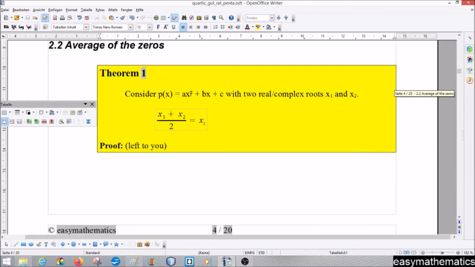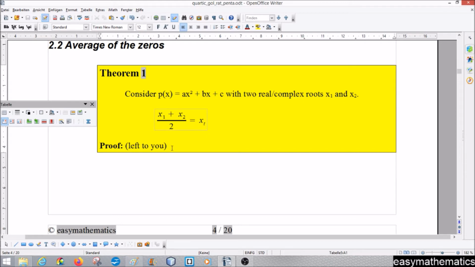Then the average of zeros. We consider again p of x, ax squared plus bx plus c, with two real or complex roots x1 and x2. If we add both roots and divide by 2, in other words, the arithmetic mean of the zeros is equal to the x coordinate of the turning point.